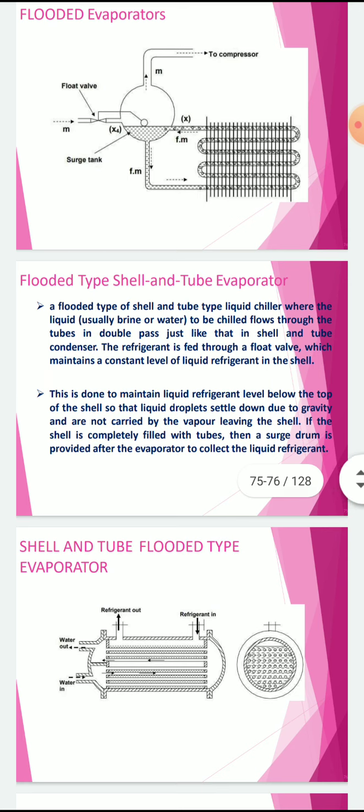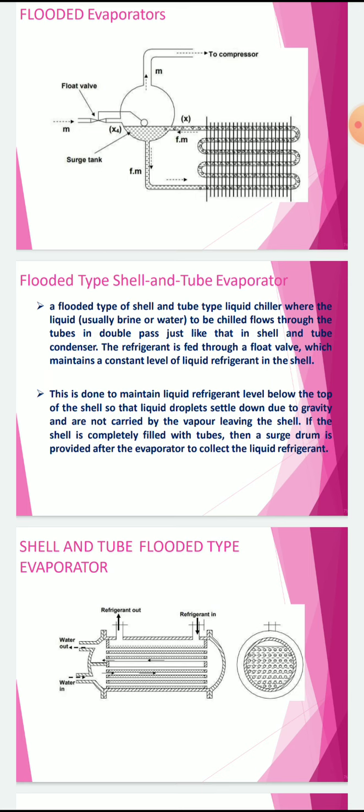The refrigerant is fed through a float valve which maintains a constant level of liquid refrigerant in the shell. This is done to maintain liquid refrigerant level below the top of the shell so that liquid droplets settle down due to gravity and are not carried by the vapor leaving the shell.